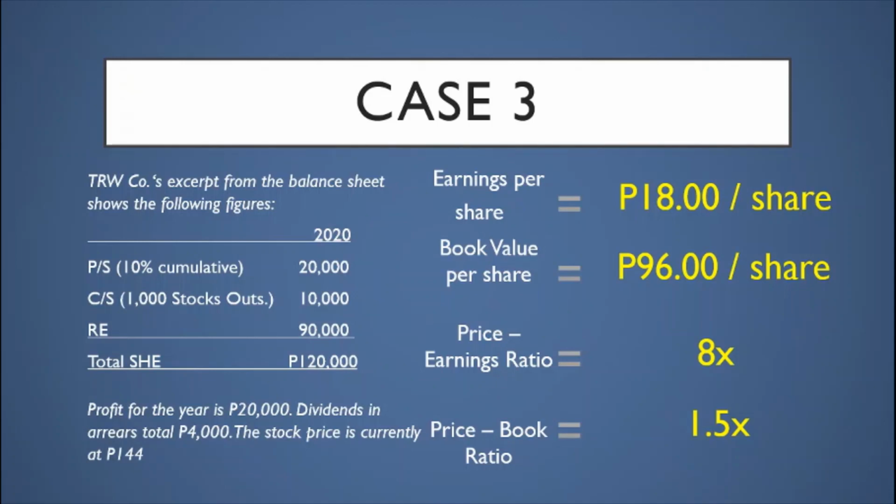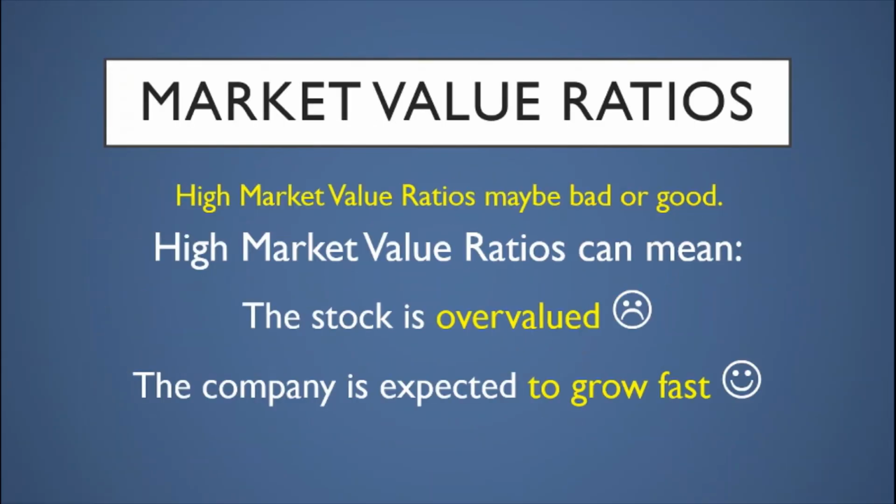The price to earnings ratio and the price to book ratio are called market value ratios. High market value ratios may be interpreted as something bad or good. High market value ratios can mean the stock is overvalued, which is a bad thing, or the company is expected to grow fast, which is a good thing.